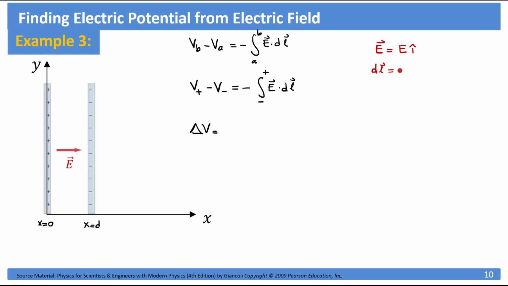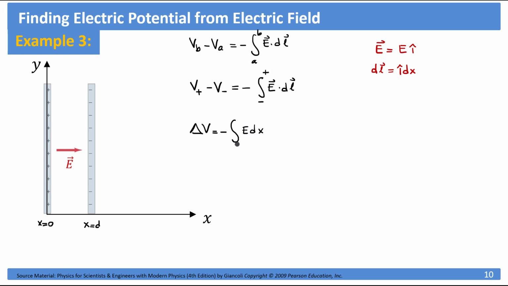So I'm just going to express my dl vector as i dx, because any other motion that's perpendicular to the electric field will not create any potential difference, as we said before. So now that we have our dl vector and the electric field vector, all we have to do is plug these in here and find the electric potential difference, which is going to be the scalar product of these two, equal to E times i dot i times dx, which is E times dx.